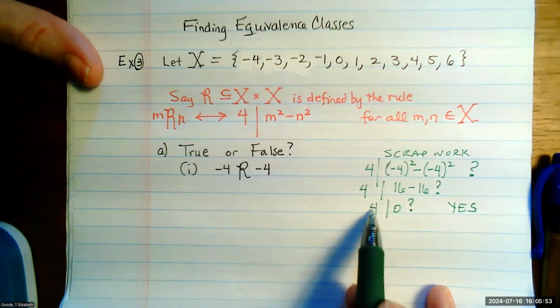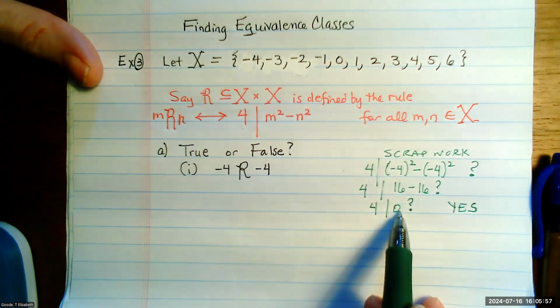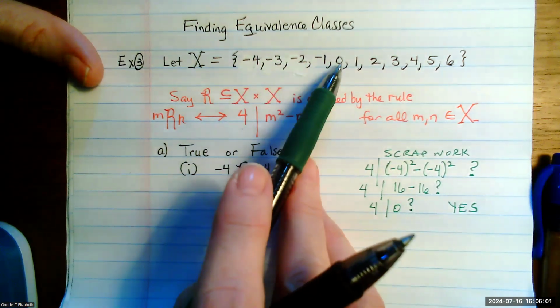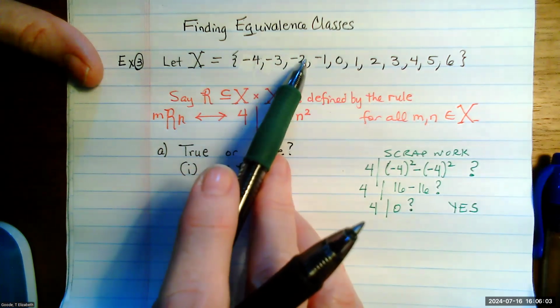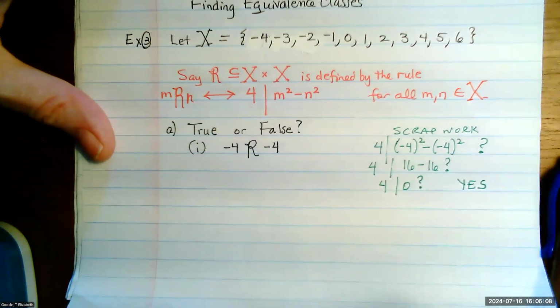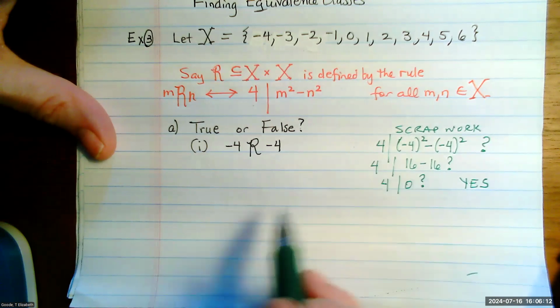In fact, if you take any of these elements, square it, and then subtract that same element squared, we're always going to get 0, and 4 will always divide it.